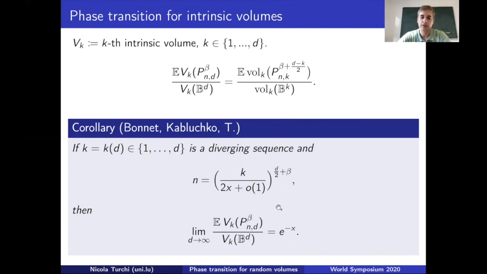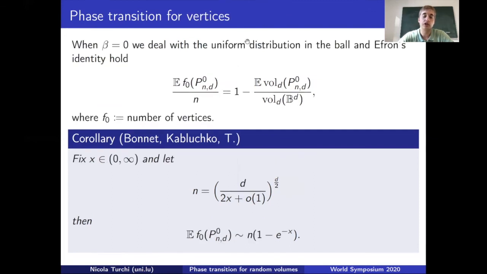There's another interesting corollary, which is for the case beta equals 0, because for beta equals 0, you have that the distribution is uniform, and you have this so-called Efron's identity that relates the expected volume of the polytope with the expected number of vertices.